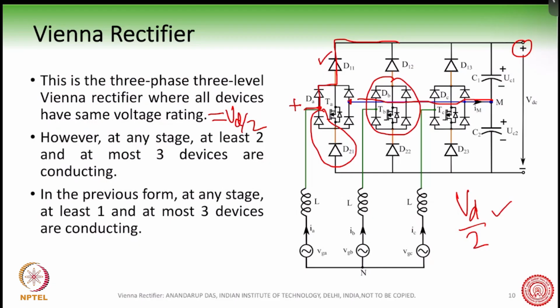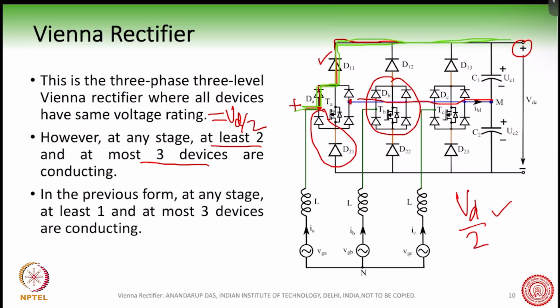However, this second form has some disadvantage as compared to the first form. The disadvantage is that at any point of time you can see at least two devices, and in some cases three devices, conducting. For example, suppose when you get the plus voltage, then you see there are two devices conducting here, right?